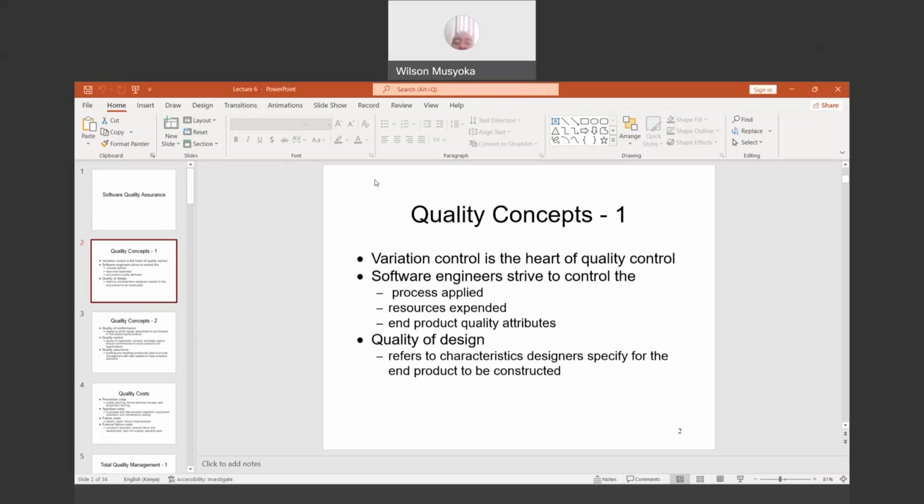So whenever we are talking about software quality, it normally comes from the basic understanding of software quality assurance.